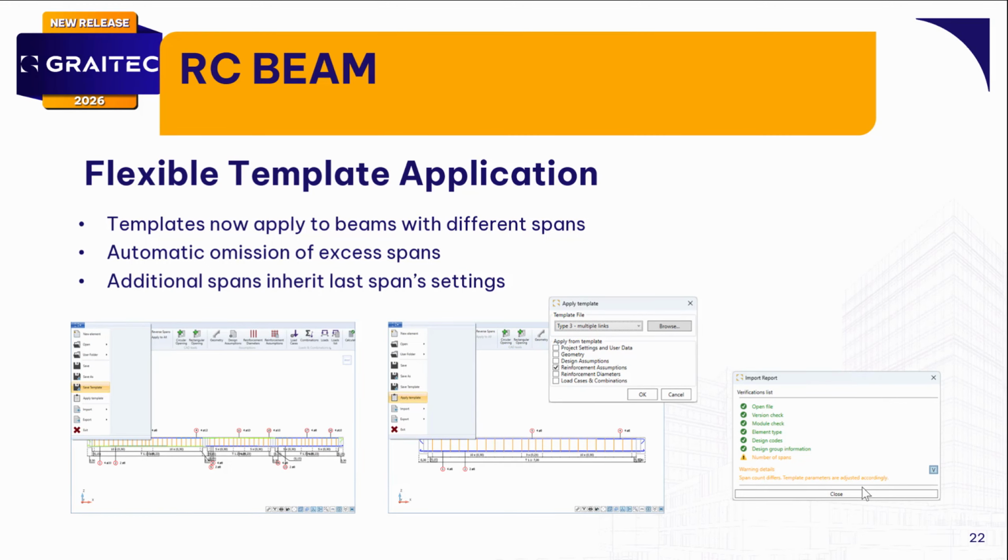AD can automatically remove extra spans or extra spacings that you may have when applying that template to your current model. And if you want, you can also apply the same template to all of the spans on the same beam, so you don't need to repeat it again and again. We have this option to go and, as you see here, apply those links, stirrups, or rebars to multiple spans in the software.